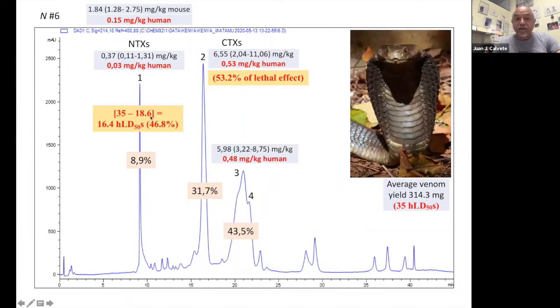The difference between both is the contribution of the neurotoxin. And now we can calculate that 46% of the lethality of this venom is due to the neurotoxins and 53.2% is due to the cytotoxins, even if they have an LD50 that is much larger than the one for the neurotoxin.